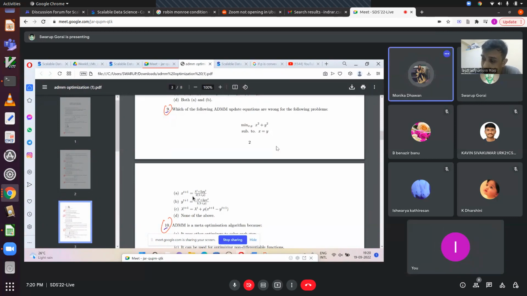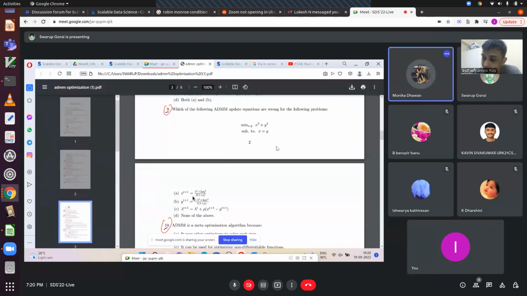Yeah, this is fine. Now you just take 2 rho and lambda to the right hand side. So you get minus lambda plus 2 rho y. So you have 2 rho x minus 2 rho y, and if you take minus 2 rho y to the other side, you get plus 2 rho y.